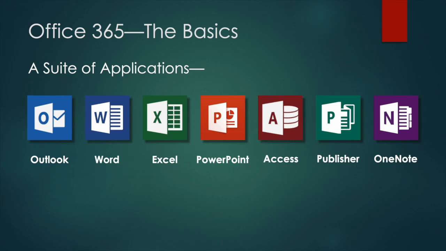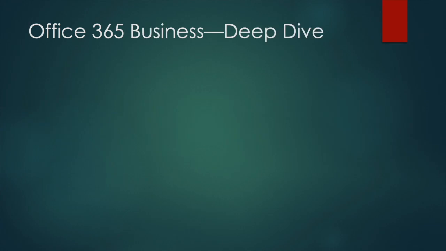Not included are some other known applications such as Visio for diagramming and flowcharting, and Project for project management. That's a basic overview of Office 365 Business from the perspective of applications, but there is more, obviously. Let's take a deeper dive into the offerings and the service tiers.